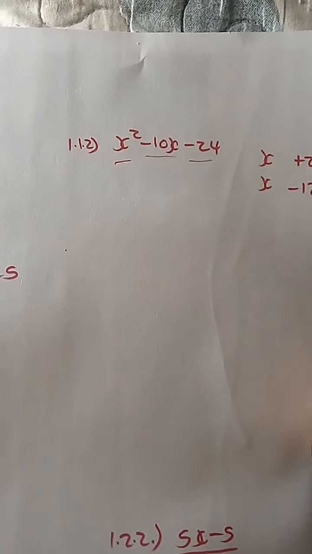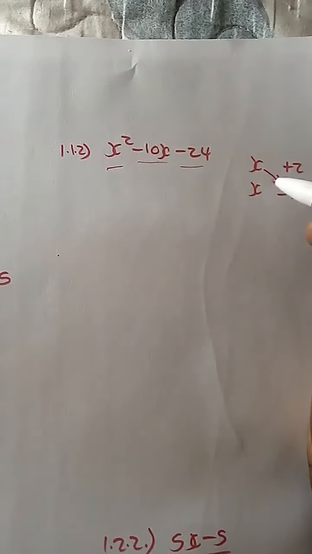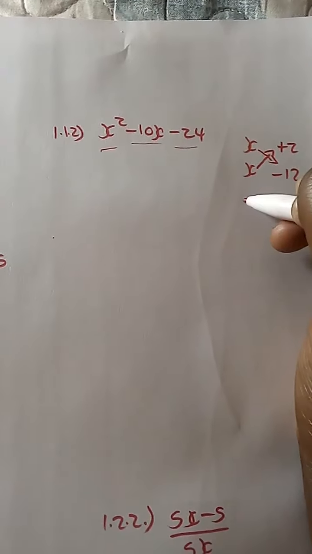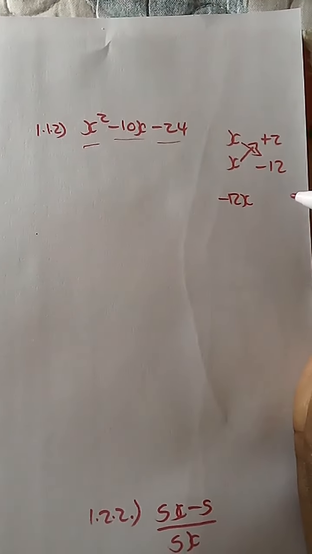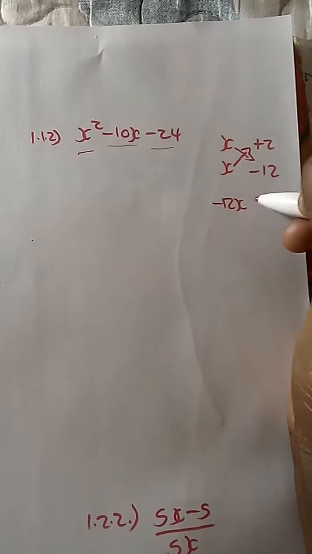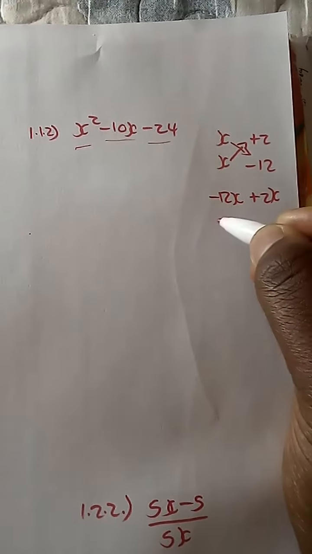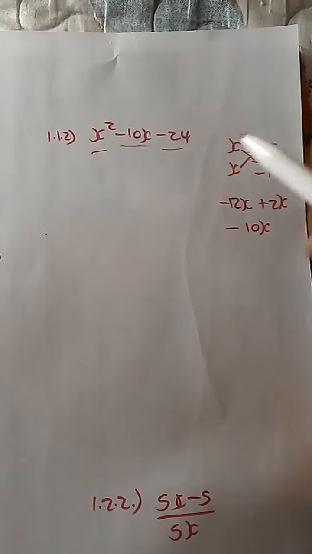If we multiply these together, they give us negative 24. So we have to cross multiply this. X multiplied by negative 12 is negative 12x. X multiplied by positive 2 is positive 2x. So negative 12x plus positive 2x is negative 10x. So finally we got our middle answer.